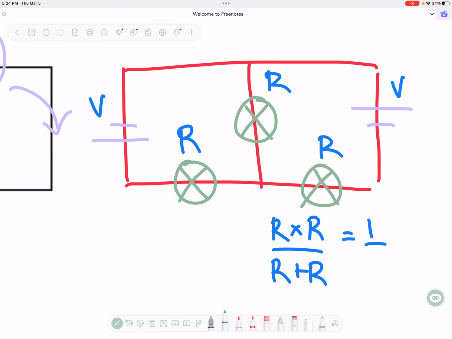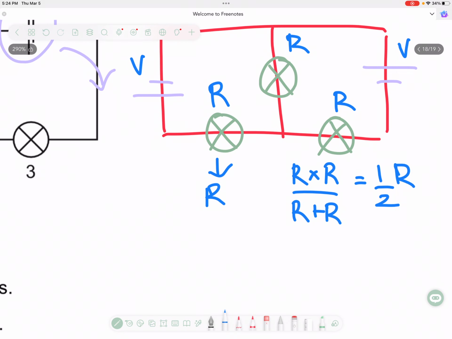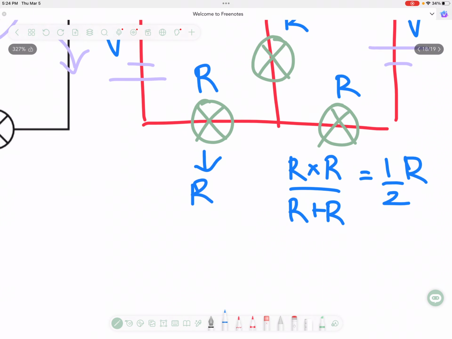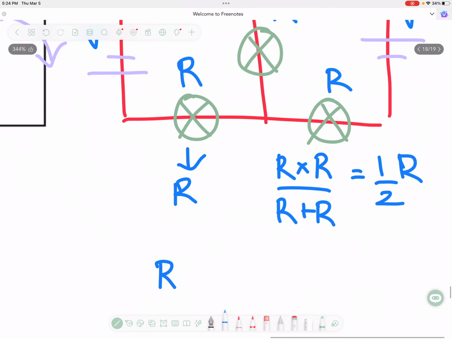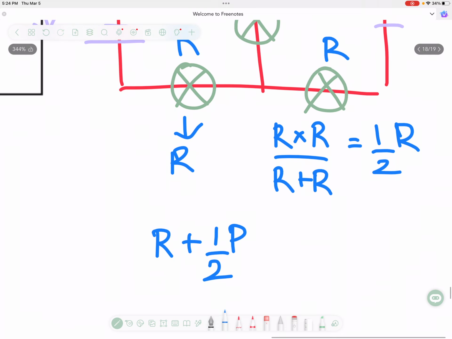So that is 1 by 2R, and here it's just R. So how is V going to divide between these two? The way that it's going to divide is, first you will have to take the total R. So R plus 1 by 2R is going to give you 3 by 2R.